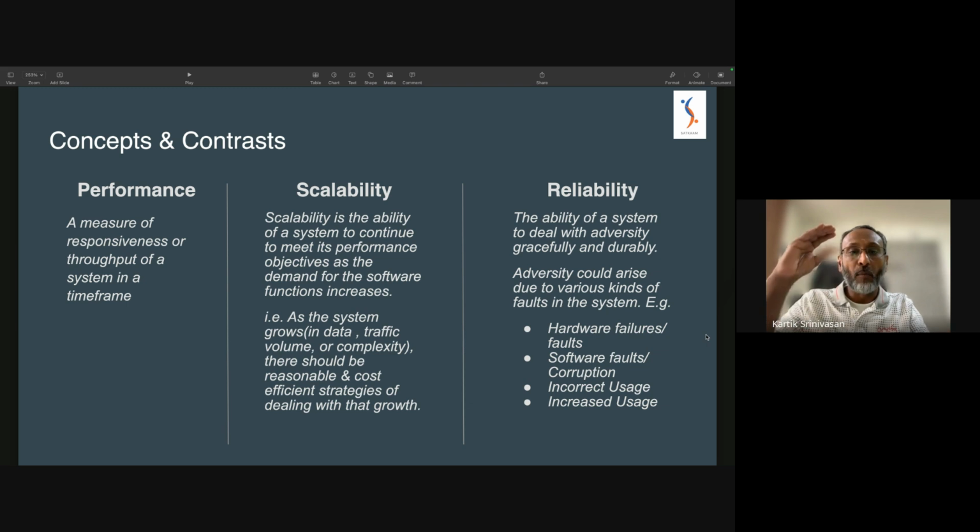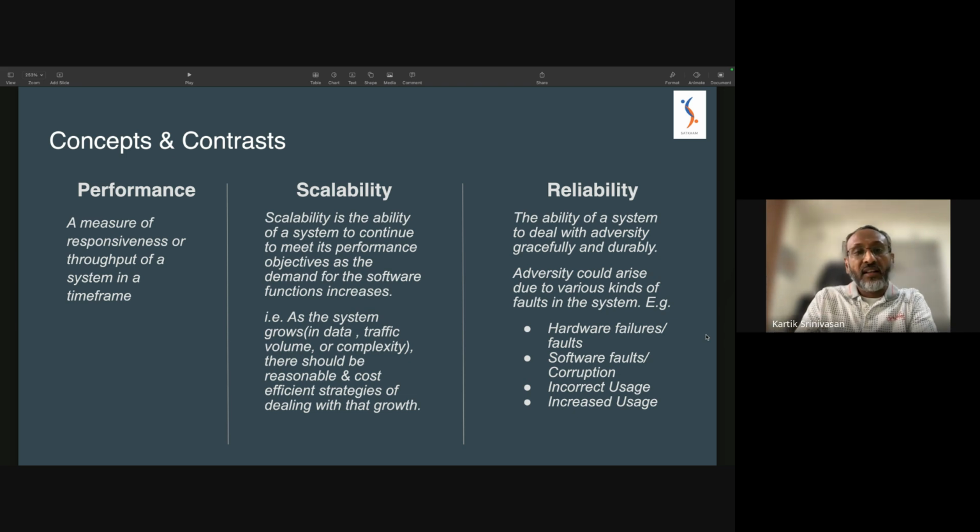But if the performance drops, let's say 90% between a travel on the main road versus a travel from the main road to Nandi Hills in Bangalore, then there is a significant question mark on the scalability of the system, correct?